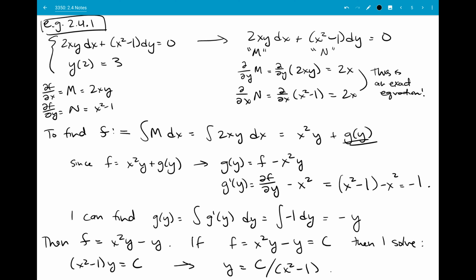Now, I know that this kind of solving for f part can be a little bit tricky.